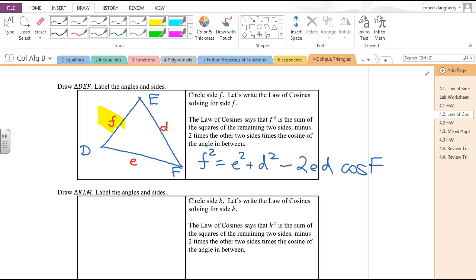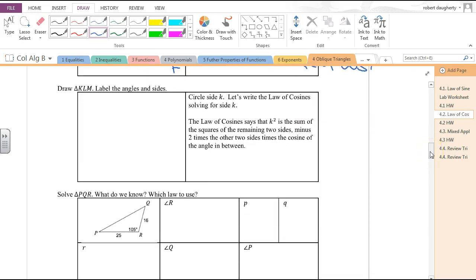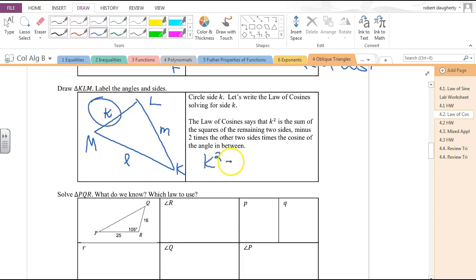Okay? Let's draw another example. Let's have triangle KLM. What is this side right here? This is L, and then this is lowercase k, and this is M. Okay, let's solve for side K. What is K squared going to be equal to?